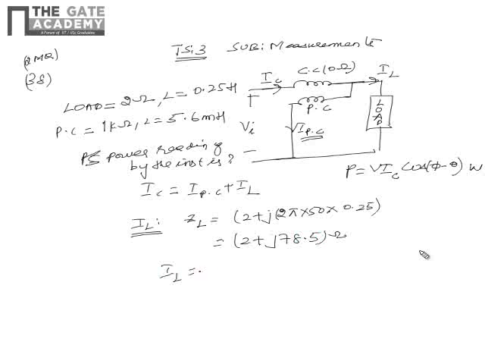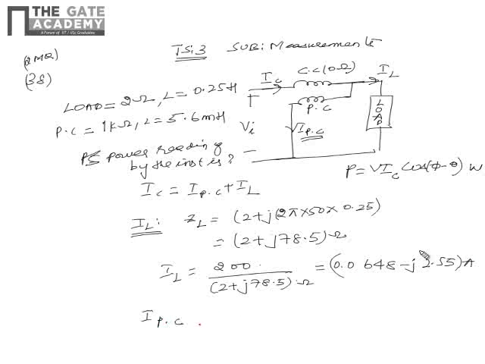So IL is nothing but the applied voltage 200 divided by 2 plus J times 78.5 ohms. When we solve, it comes as 0.0648 minus J times 2.55 amperes. Now we will calculate IPC in a similar way.